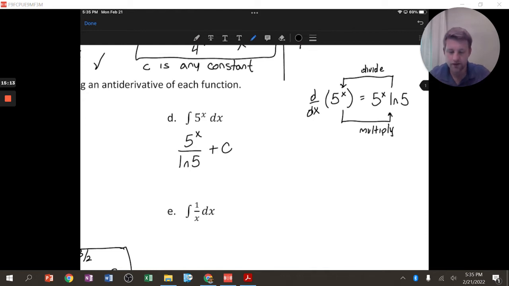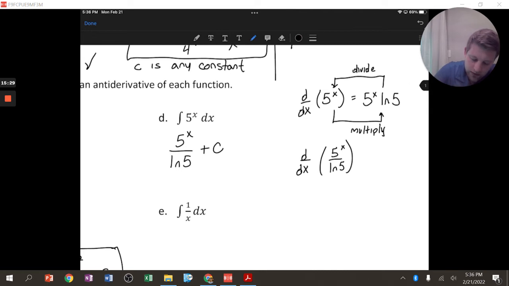If we ended up taking the derivative of this function here, if I took the derivative of 5 to the x over ln 5, I could confirm this with a quick derivative to make sure I get back to my original. ln 5 is just a constant, so I'll pull that out, 1 over ln 5.